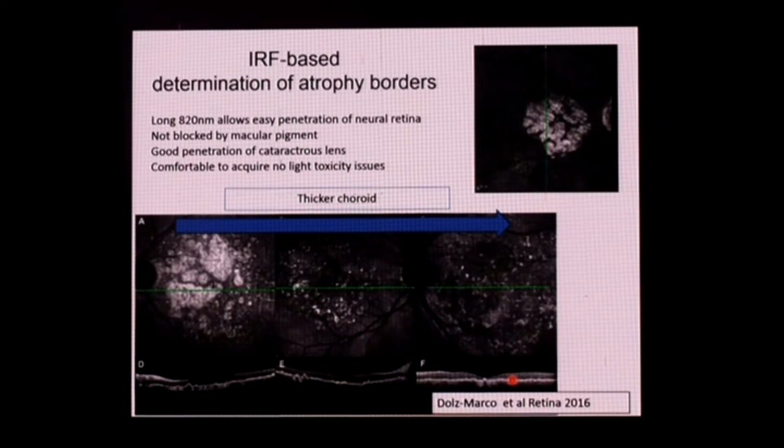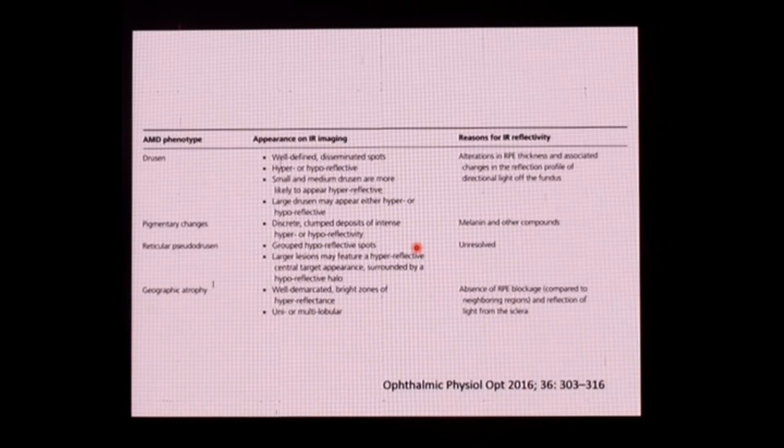Although it's good at penetrating through the cataractous lens, which is one of the problems of autofluorescence, at the moment it'll be done in conjunction with autofluorescence in clinical trials, but not alone at this point in time.